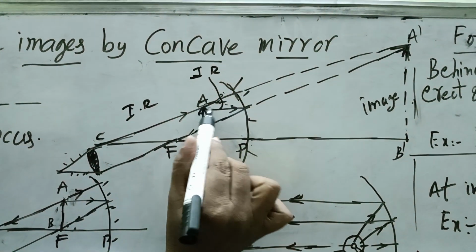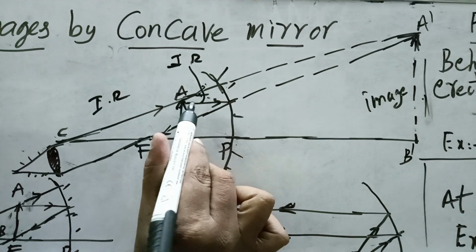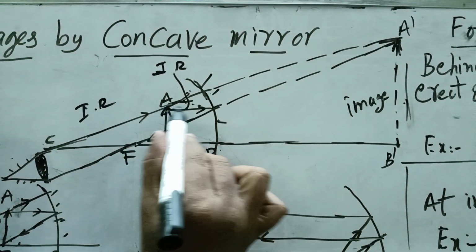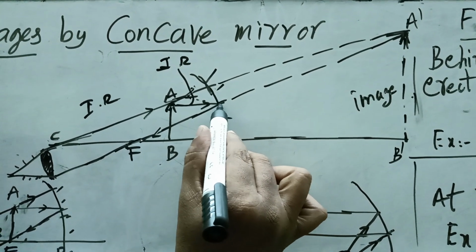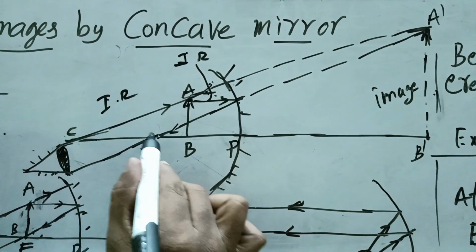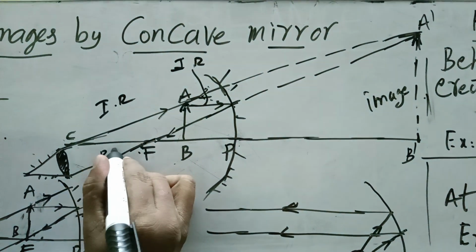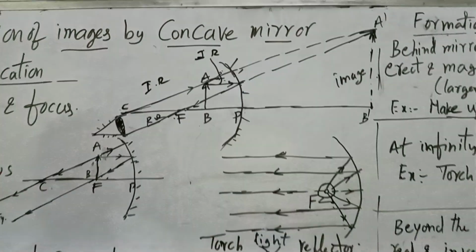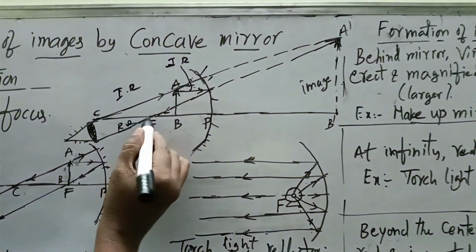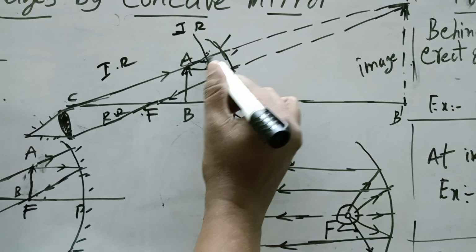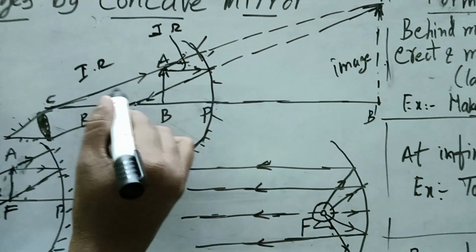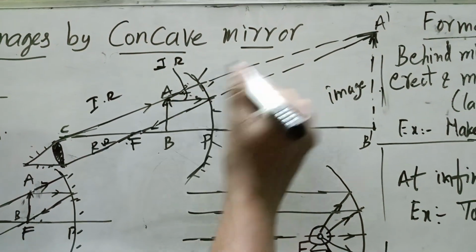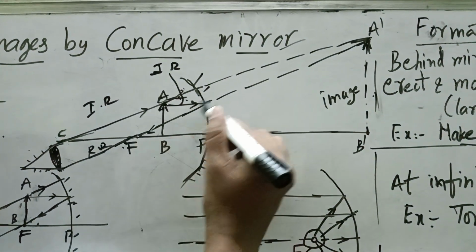Here we can write it is the reflected ray. Another incident ray, this is another incident ray which is parallel to the principal axis. When the incident ray is parallel to the principal axis, it reflects through the focus. So this is the reflected ray, which is passing through the focus. Now because it is a concave mirror, the reflected rays are not meeting here, so if we extend the reflected rays, this is one reflected ray and this is another reflected ray.